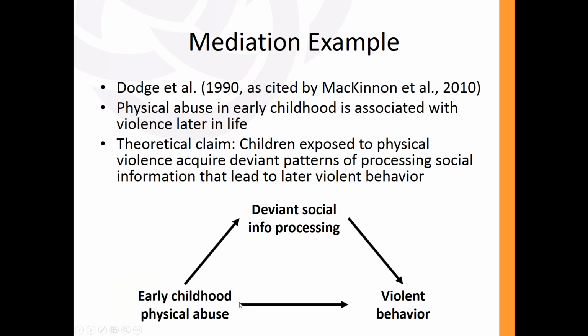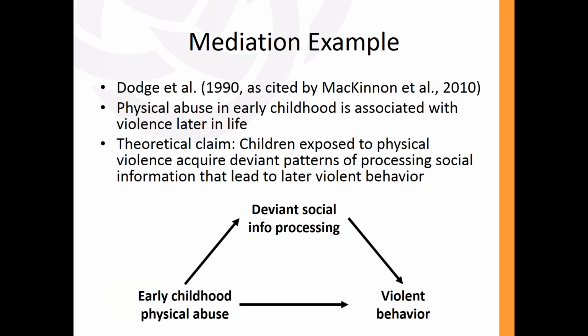That's how you test whether or not this original link disappears, because these two variables, the independent variable and the mediator, explain the same variance in the violent behavior variable. And if that is the case, then you basically show that they're collinear.